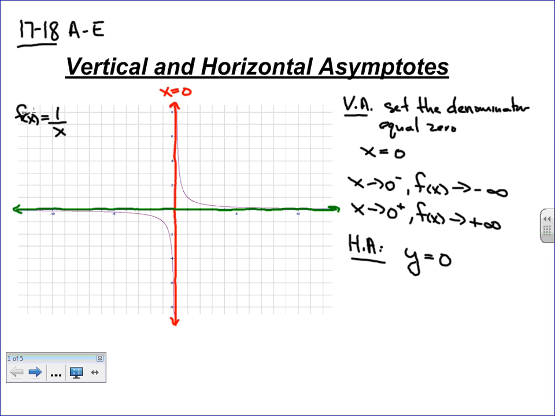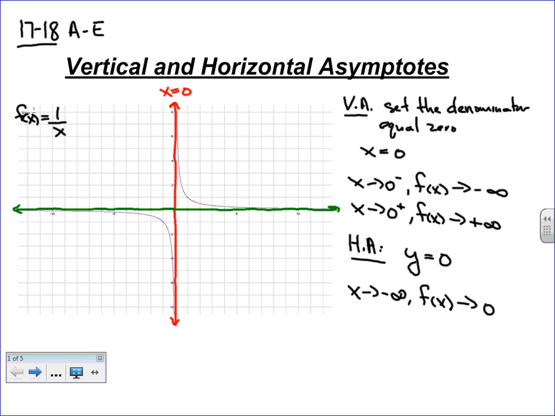So you can see way out here in the extreme that my purple graph is getting closer and closer to my green line. And over here, my purple graph is getting closer and closer to the green line. Okay? So the way that I'm going to write this is as x approaches negative infinity, so as I'm way out here, my purple graph is getting closer and closer to 0.